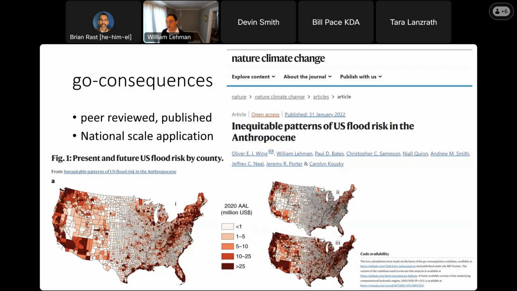So we utilized the Fathom data with the Go Consequences engine and the National Structure Inventory version 2019 to calculate loss of every structure across the nation and do some data analytics on that to understand the present and future flood risk by county, and wrote a paper about that to help people think bigger. It was kind of our goal.